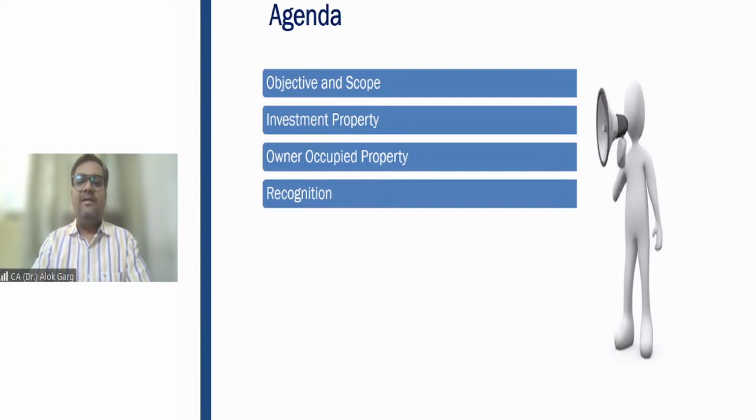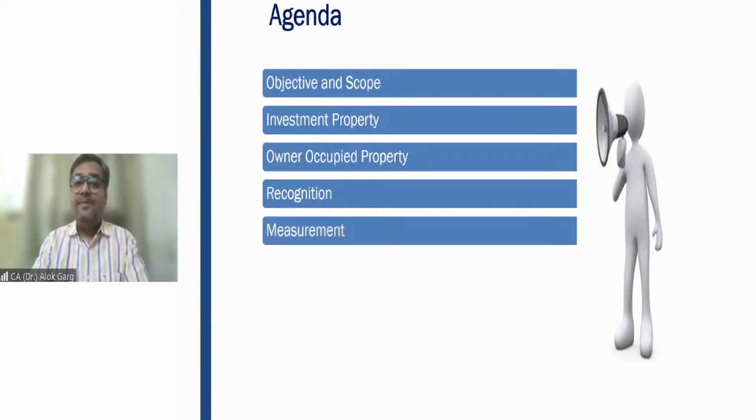Since the government banned the output, the company was not recognizing that machinery as a PPE. Why? Because the future economic benefit was not expected. So again, we'll discuss the recognition criteria here as well, when a company is investing in properties.